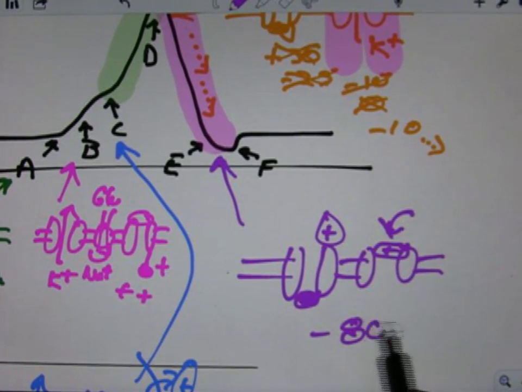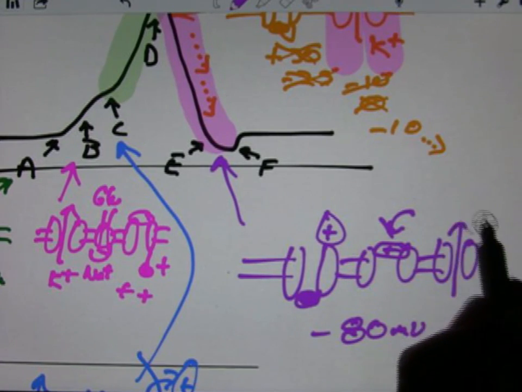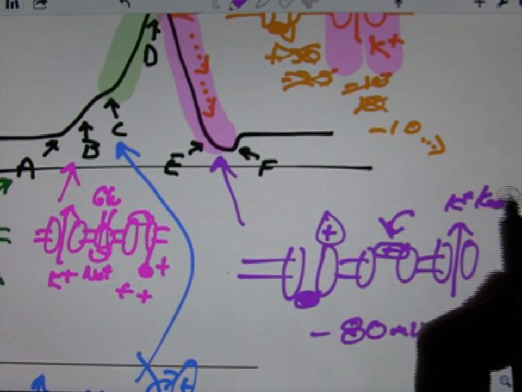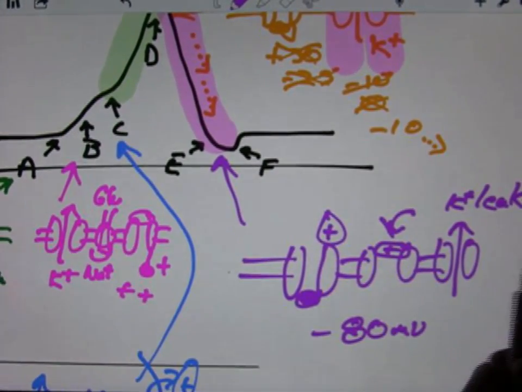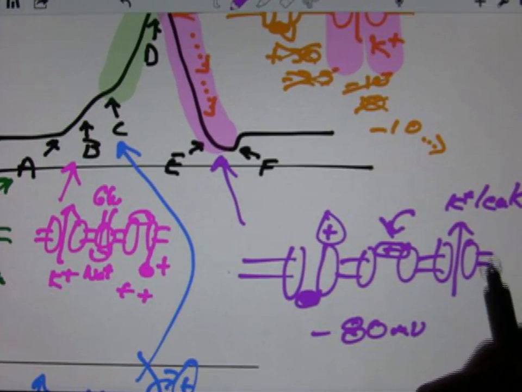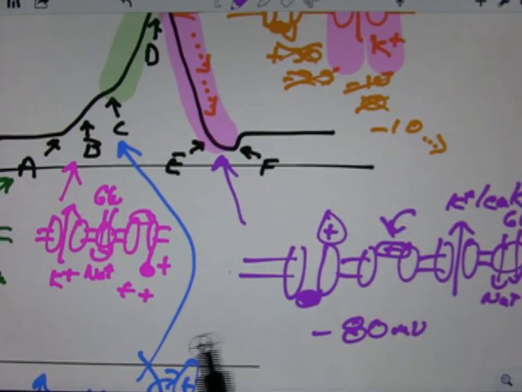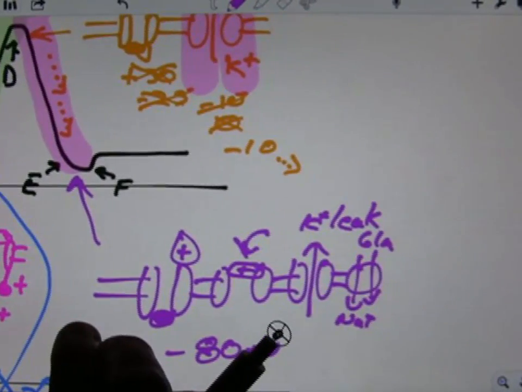Remember, we're at minus 80 millivolts because there's still potassium leaving through the leak channels. But we don't get all the way to minus 100 because there's also sodium coming in with glucose and amino acids. Okay, so how do we get back to our original state?